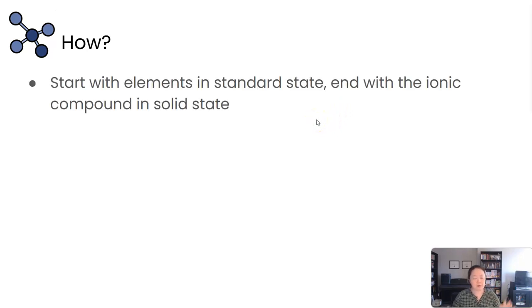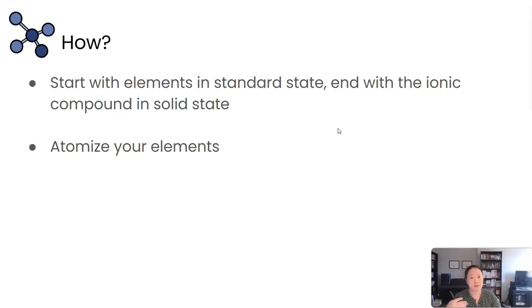Well, the first thing that you have to know is that basically what you're doing is you're starting with the elements in standard state, and the end of your Born-Haber cycle is the ionic compound in solid state. So once you have your elements in standard state, atomize them. So basically anything that isn't already in gaseous form, you're going to turn into gaseous form.